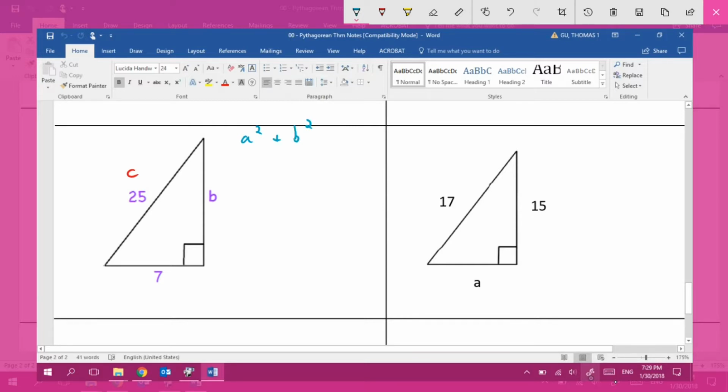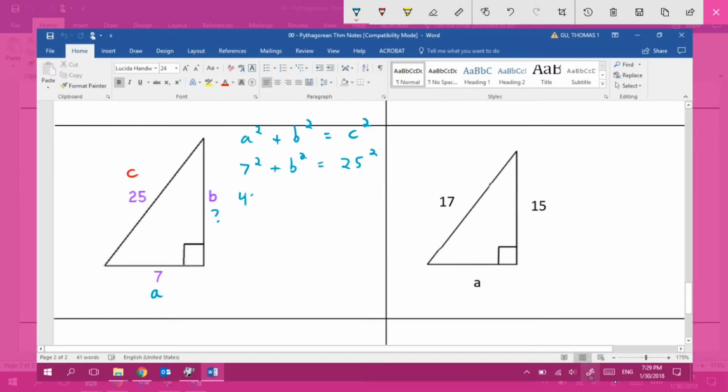The side B is labeled for me, and I know 25 is C because that's the longest side. That means this side over here, 7, has to be A. Let's substitute our values in now. A is 7, so 7 squared, plus B squared, I don't know what B is, equals C squared. C is 25, so 25 squared.